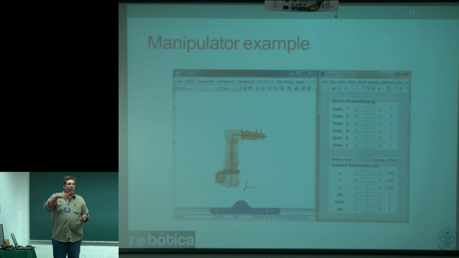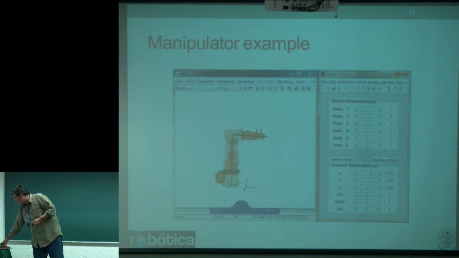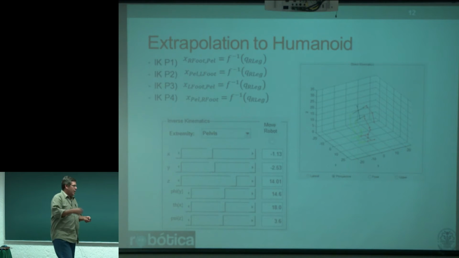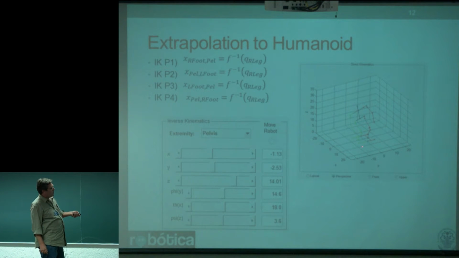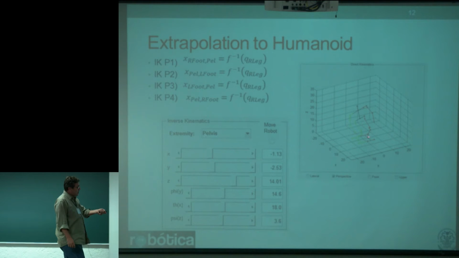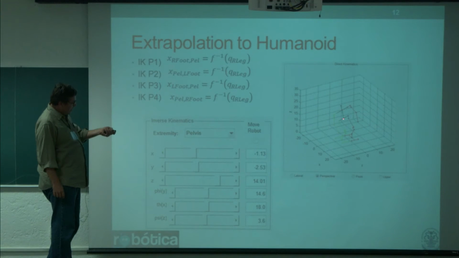So once you are capable of making this simple calculation, or not that simple, but this computation, we can extrapolate this to a humanoid. In which way? We can say that this is our base frame, and this, the pelvis, will be our end tool. In a similar way, this one can be the base for this other manipulator, or this can be the base for this and this.